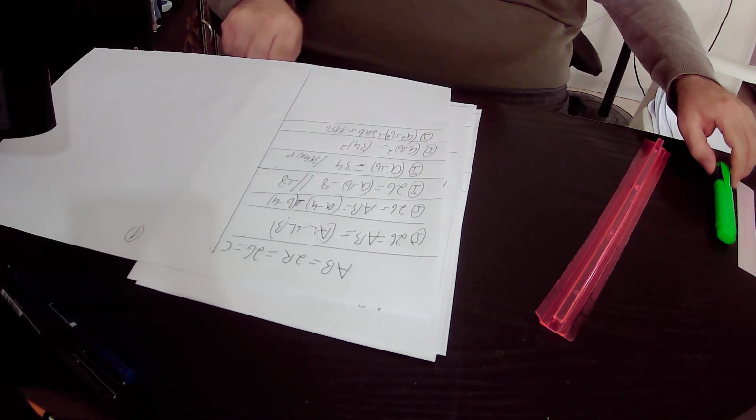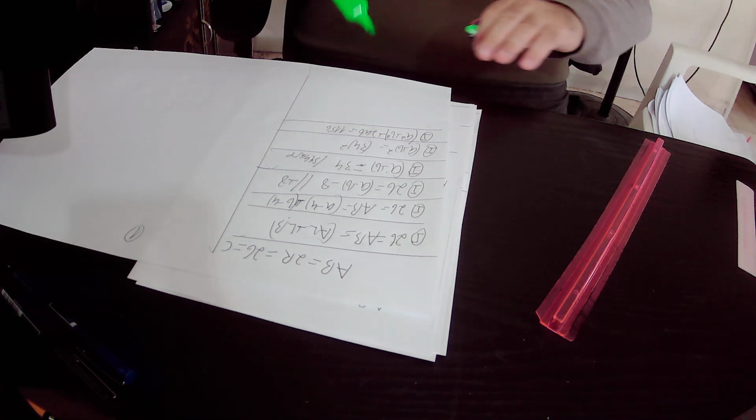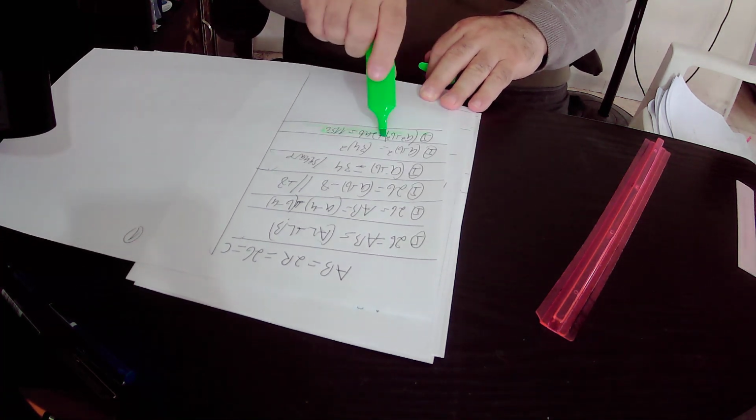So according to equation number 1, A squared plus B squared plus 2 times AB equals 1156.